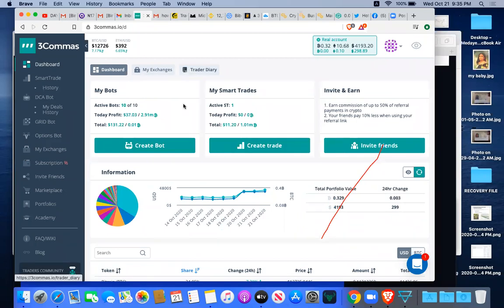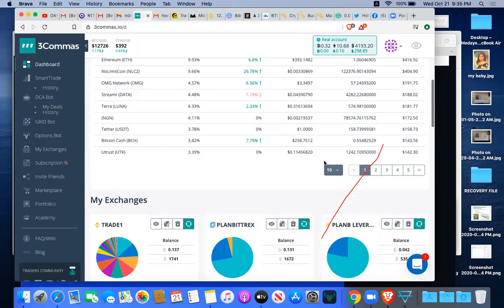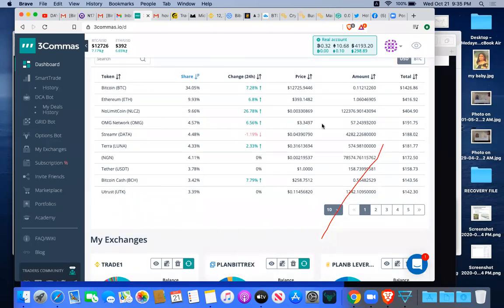Now, one of the best things about this bot is this: I don't trade irrelevant coins. You look at my selection here: Ethereum, NLC2, OMG, Data, Luna, NGN.